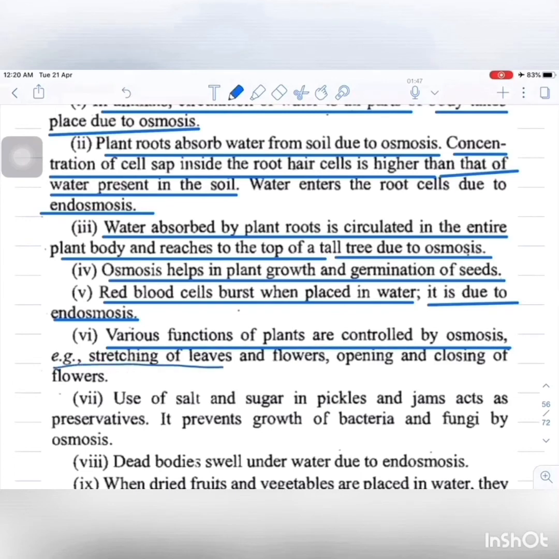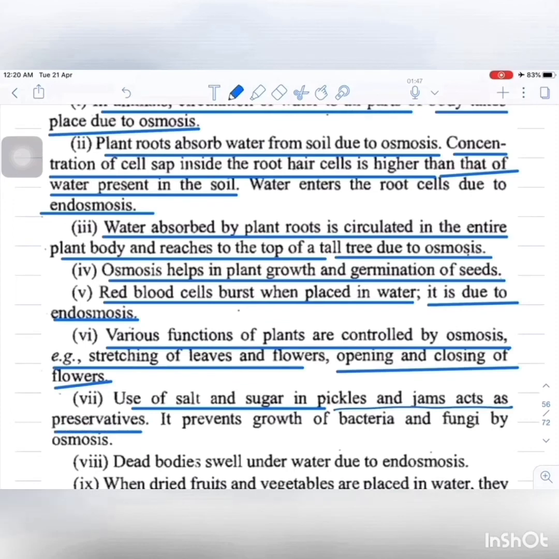For example, stretching of leaves and flowers, opening and closing of flowers, etc. Use of salt and sugar in pickles and jams acts as preservative. It prevents growth of bacteria and fungi by osmosis.